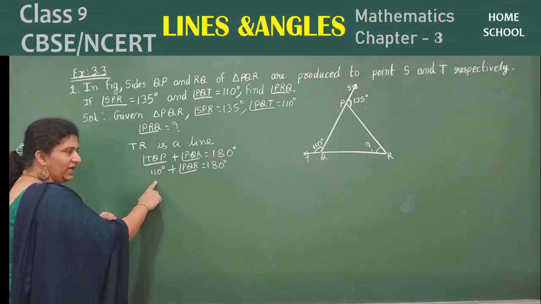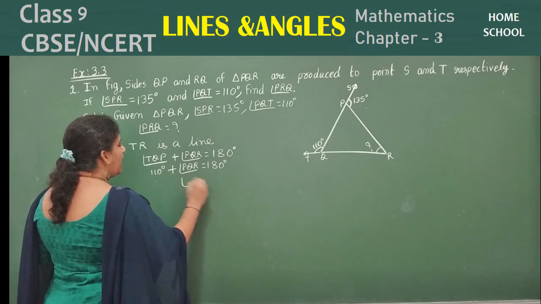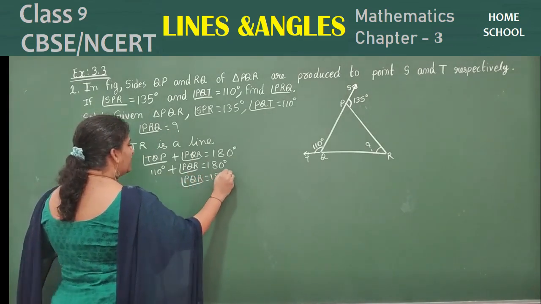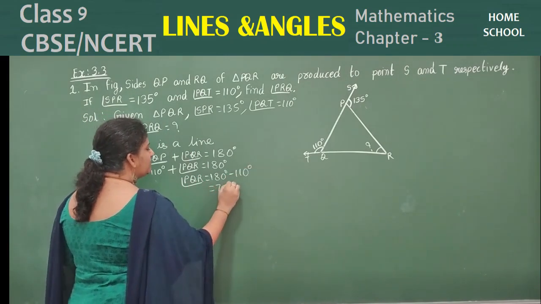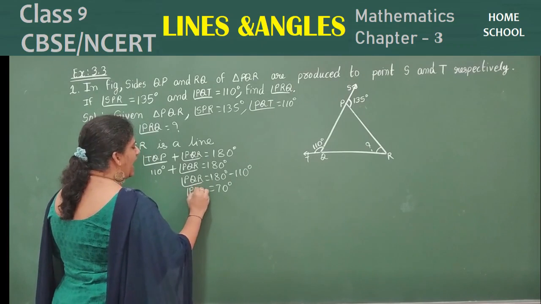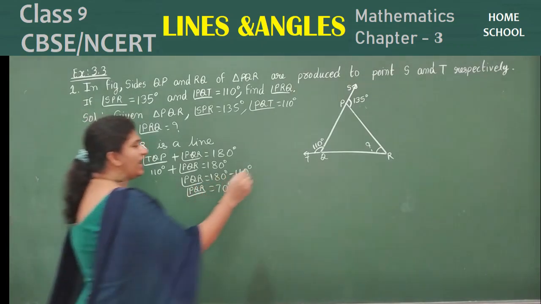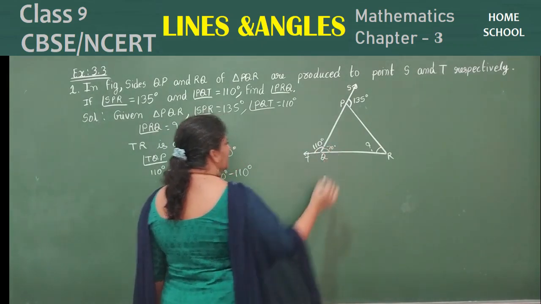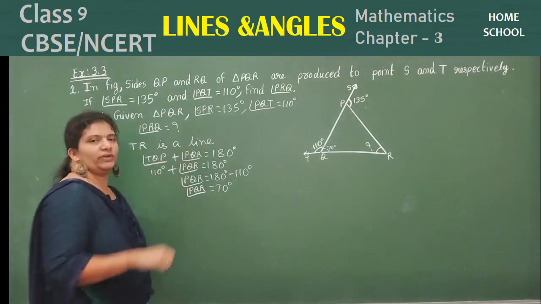This 110 degrees, sending to the other side, it will be subtracted. Angle PQR is equal to 180 degrees minus 110 degrees. That will be 70 degrees is your answer. Angle PQR is how much? 70 degrees. So I got this angle as 70 degrees. Right?